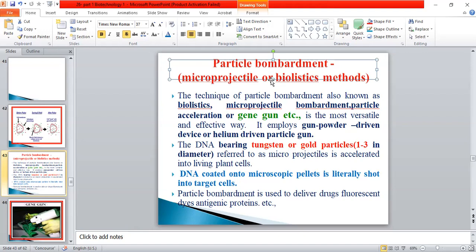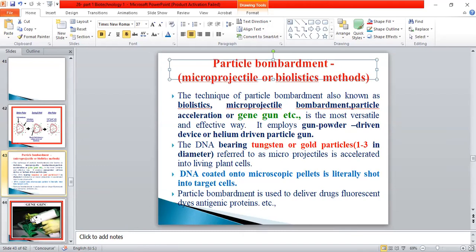It uses DNA bearing tungsten or gold particles 1 to 3 micrometers in diameter, referred to as the microprojectile, accelerated into the living plant cell. DNA is coated onto microscopic pellets. A gun is normally loaded with ammunition or bullets; here it is pellets. They are literally shot into the target cells. The particle bombardment is used to deliver drugs, fluorescent dyes, antigenic protein, etc.